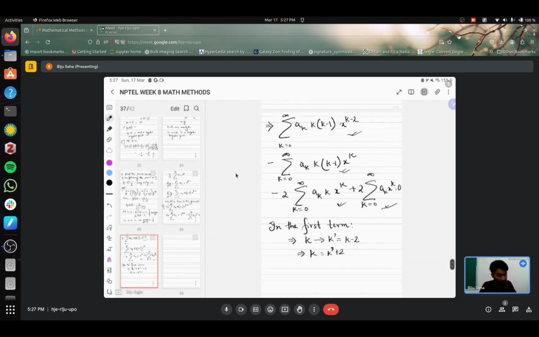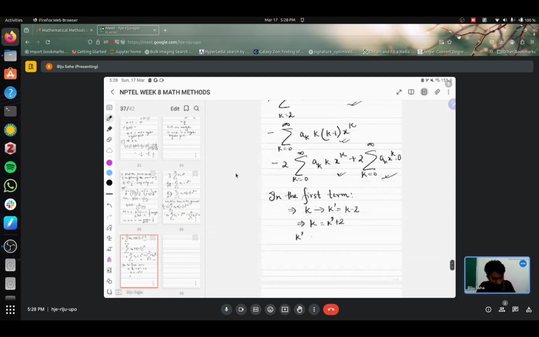And also here you can see that this index that runs from k equal to 0 to infinity is equivalent to writing k running from 2 to infinity, because for 0 and 1 this term vanishes. So the first term can be thought of as k running from 2 to infinity. So in that scenario, my k prime would go from 0 to infinity.